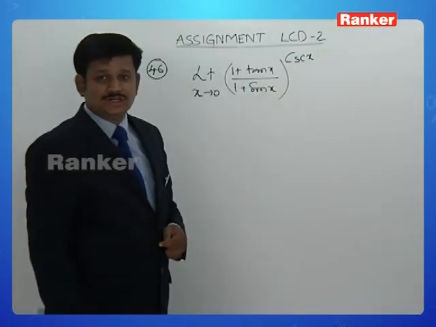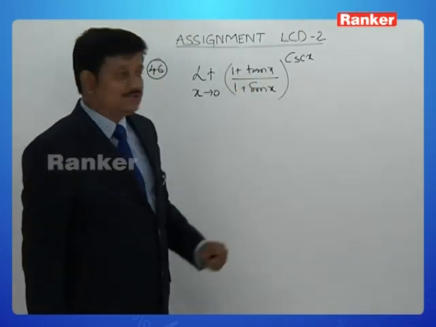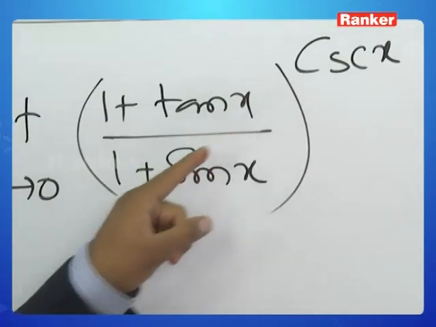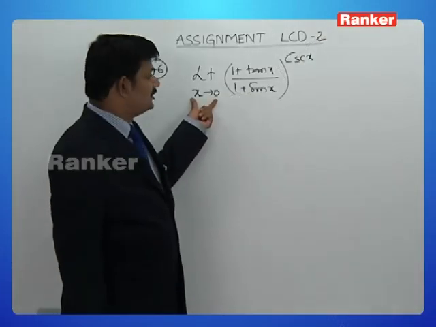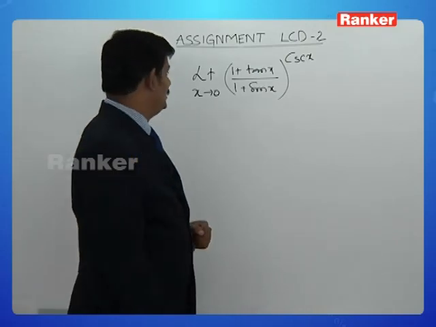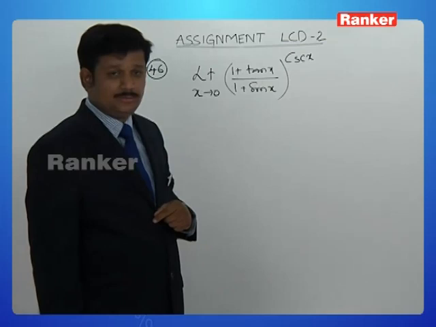Observe the function as x tends to 0. As x tends to 0, tan x tends to 0 and sin x tends to 0. So, numerator is 1, denominator is 1, making the ratio 1. And as x tends to 0, we all know cosecant x tends to infinity or minus infinity based on x tending to 0 minus or 0 plus.